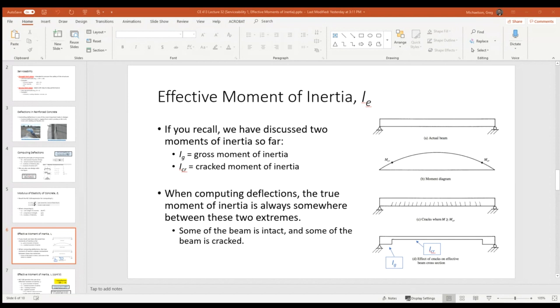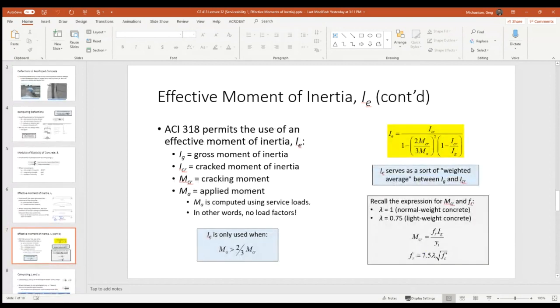So if you look at your beam analytically, you've got a situation where some of the beam is cracked and some of it isn't. So if some of the beam is cracked and some of it isn't, what moment of inertia do you use? Do you use the gross moment of inertia, or do you use the cracked moment of inertia? And the answer is neither. You basically use a value in between.